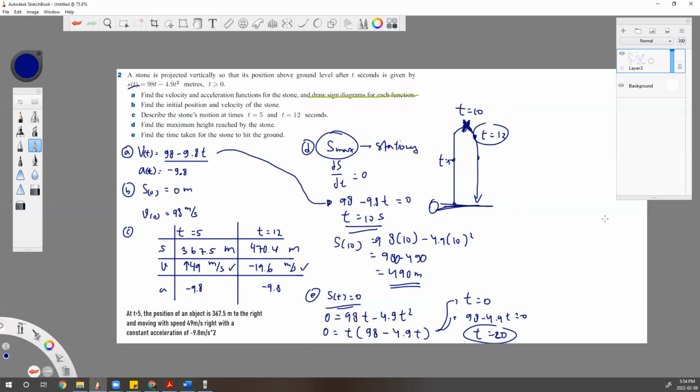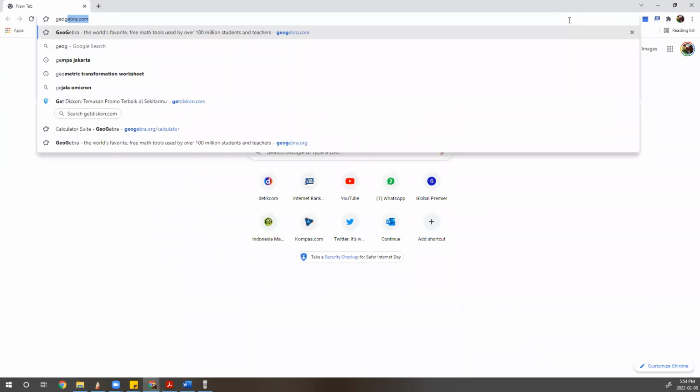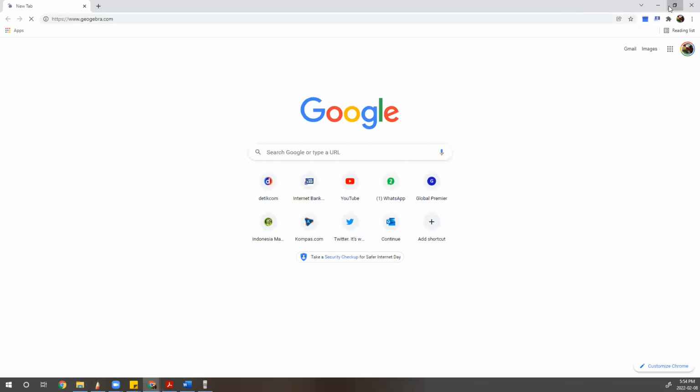Now let's try to prove it with GeoGebra. That's what I'm waiting for right now. Do this with algebra. Wait, no, we do this with GeoGebra. Geogebra.com.